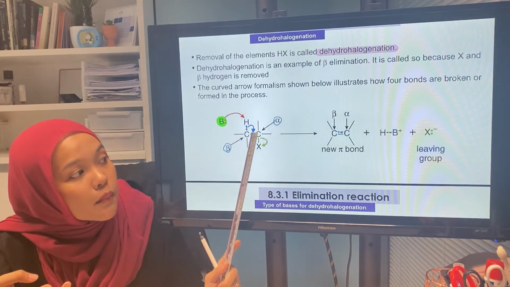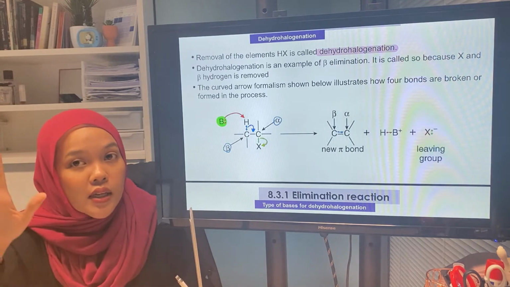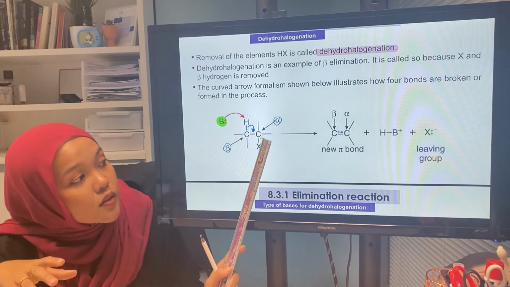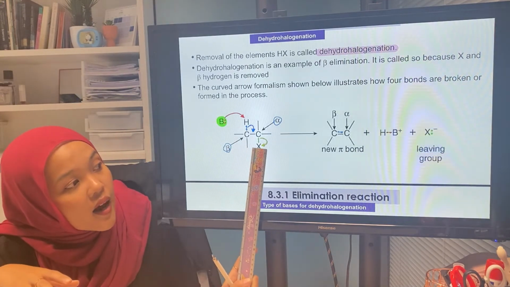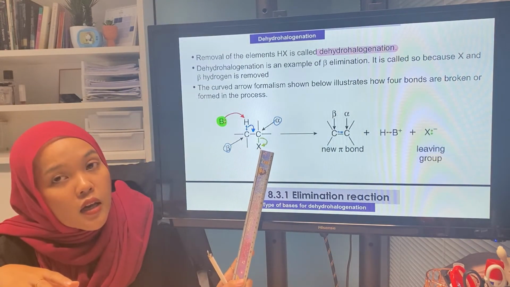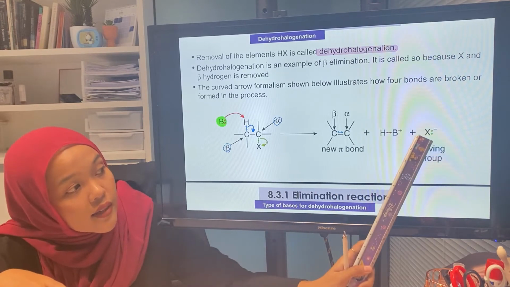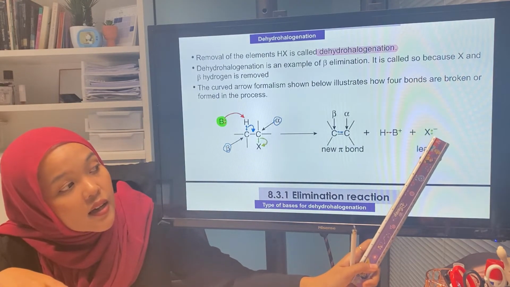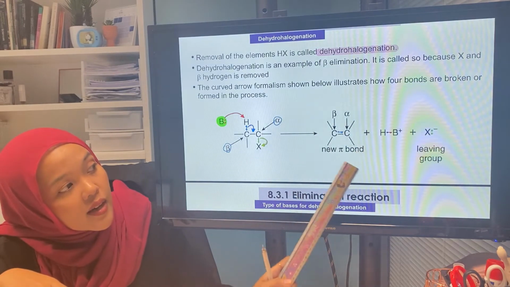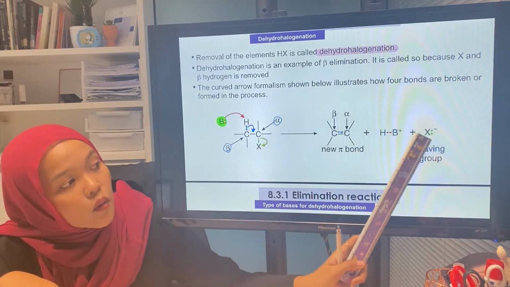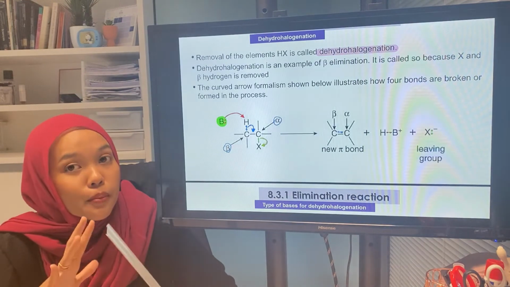If it wants to make a bond here, then it must lose another bond. So these 2 bonds, which are made of 2 electrons, are going to be transferred to the halogen. That is why the halogen gets the electrons. So you are going to form the alkene. These are what we call the byproducts.